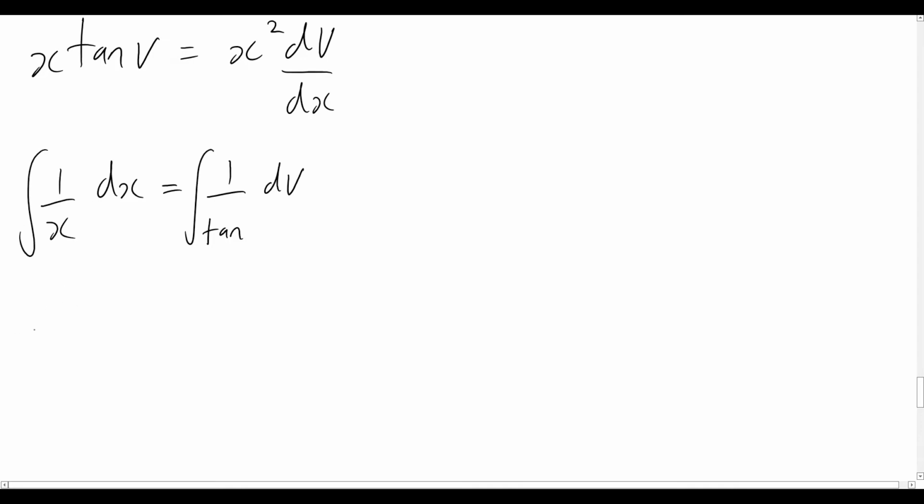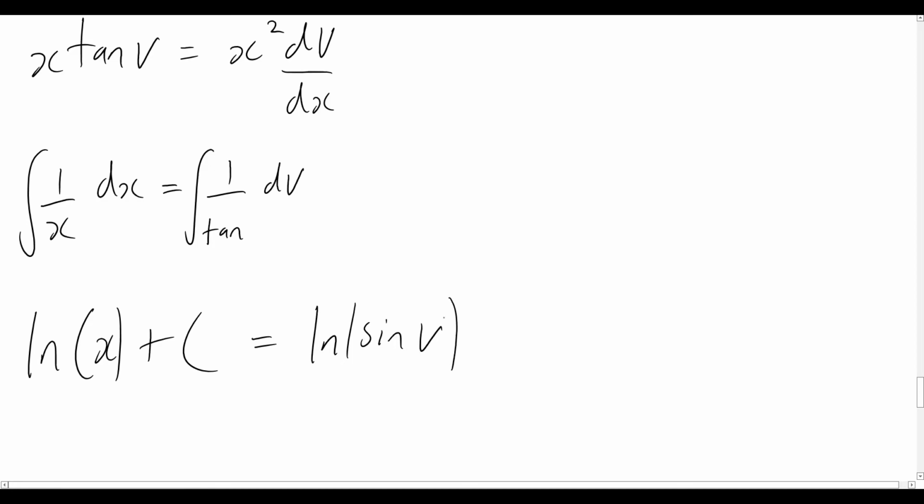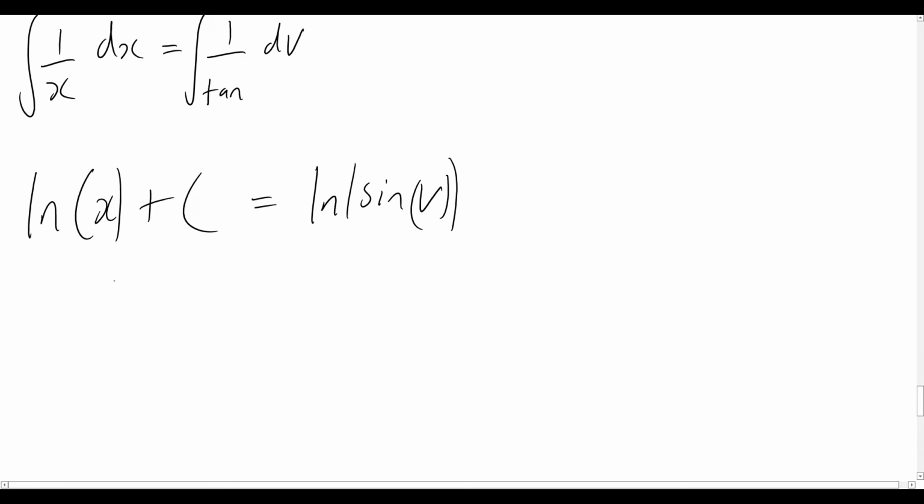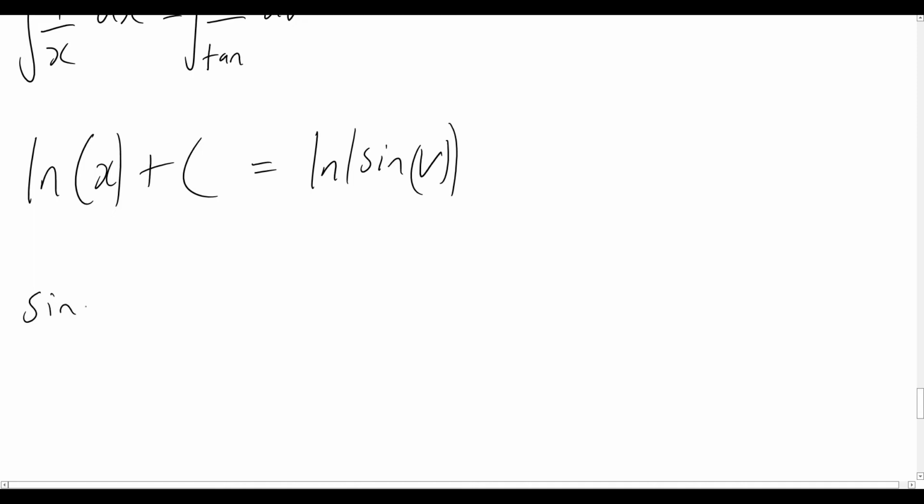We're left with the natural log of x, and I'll put the constant term on this side for now, equal to the natural log of sine v. Now I'm going to take the exponential of both sides, so sine v is equal to x, and instead of putting e to the c, I'm just going to put c1.